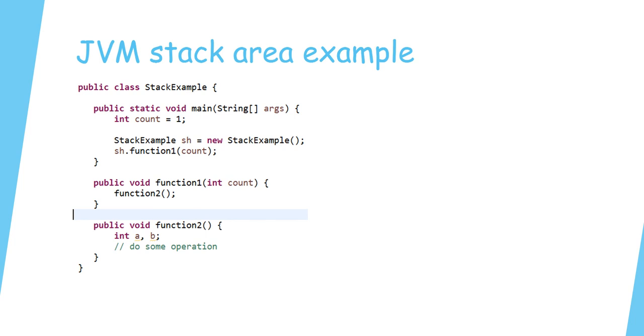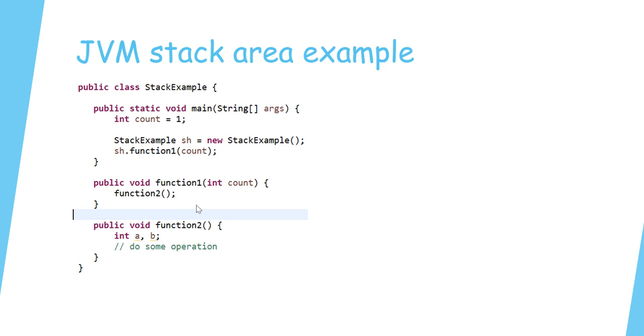Let's take one simple example to understand how JVM stacks work internally. So I have this class StackExample in which I have three methods: main, function1, and function2. The main method is calling the function1 method, and the function1 method is calling the function2 method.